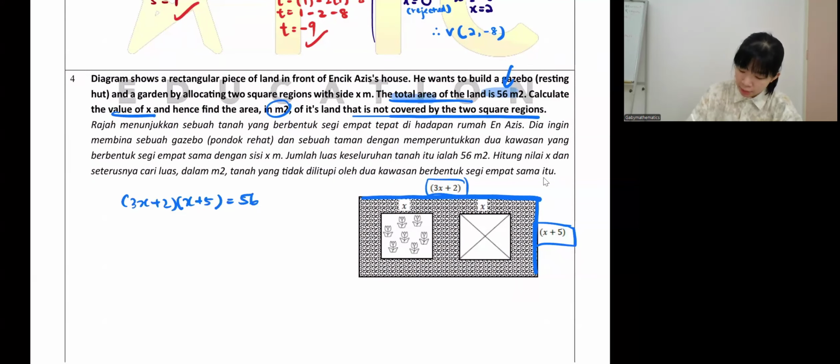So expand it. 3x times x, 3x squared. 3x times 5, 15x. Plus 2 times x, 2x. 2 times 5, 10.